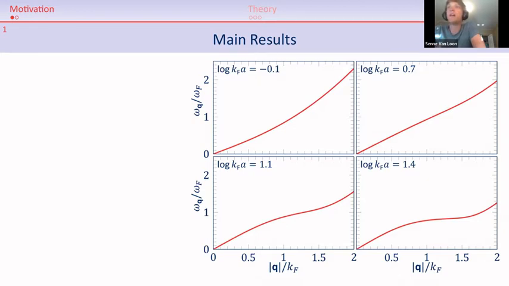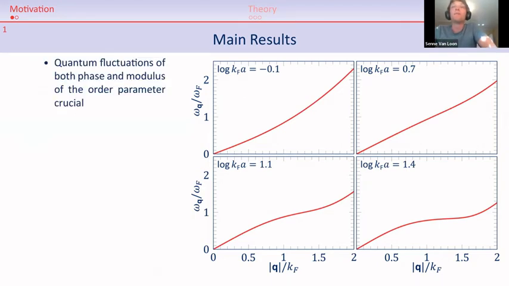And I show this for different values of log kFa, where a is the s-wave scattering length, the two-dimensional scattering length, which controls the interaction. So on the top left, it would be in the Bose regime, while on the bottom right, it's in the BCS regime. And we can calculate the collective mode dispersion for all values of this parameter.